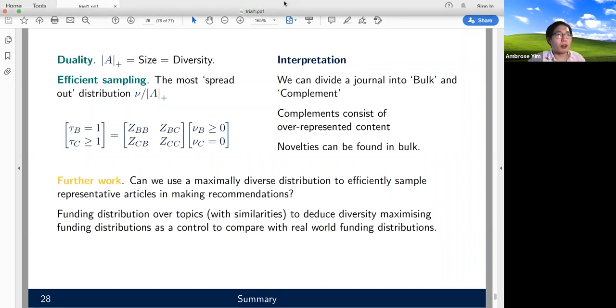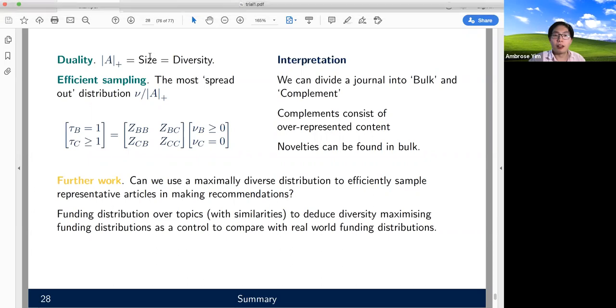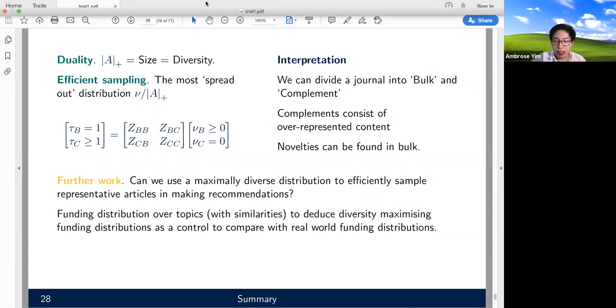That is a control we could use to compare real world distributions. If we compute the maximally diverse way of spreading funds across these topics, and the real world distribution deviates from that, that shows a certain special interest of this funder in a certain area. We could play around with this concept and get some intuition about the funder's priorities.